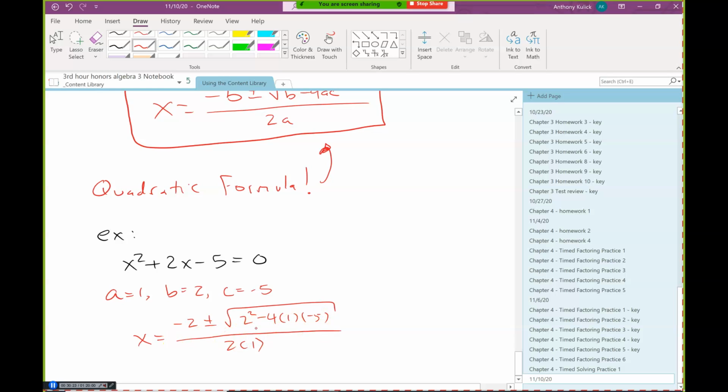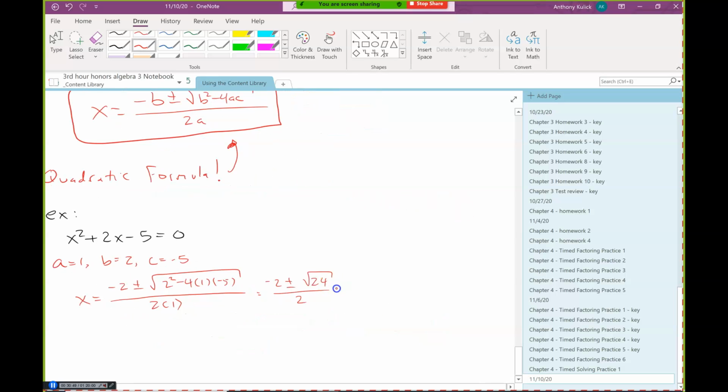Two squared is 4. 4 times 1 times negative 5 is negative 20. 4 minus a negative 20 is 24. I noticed that I could simplify the square root of 24 because 24 is just 4 times 6, right? So the square root of 4 is 2.